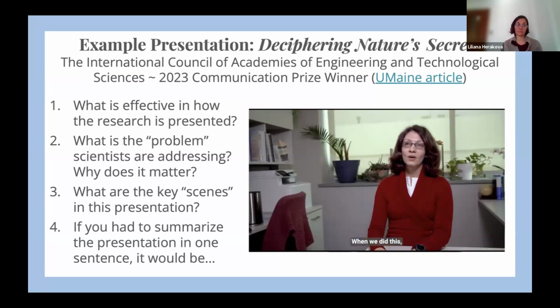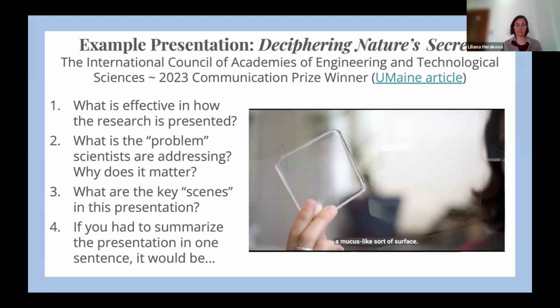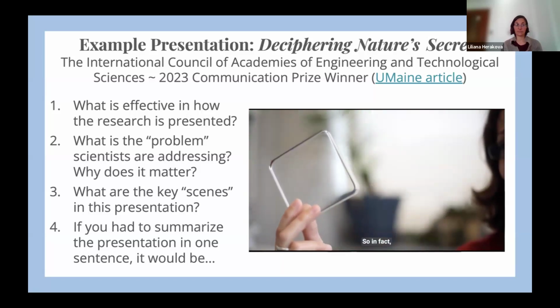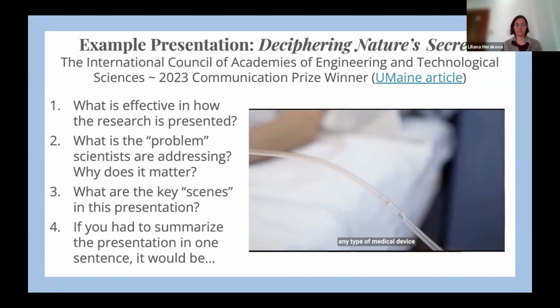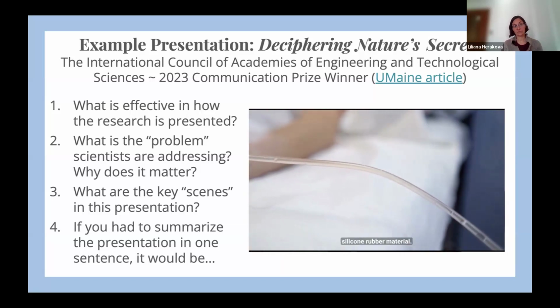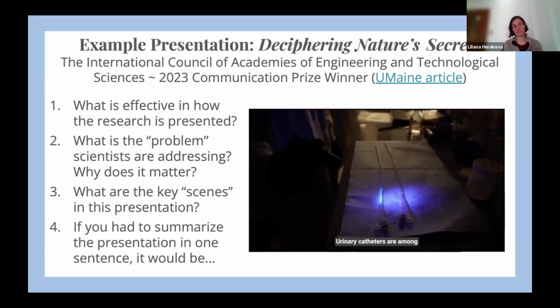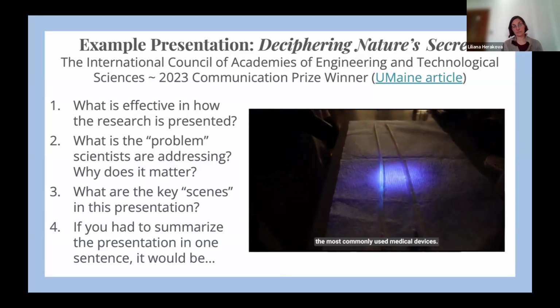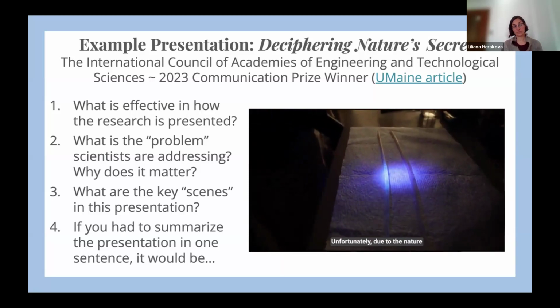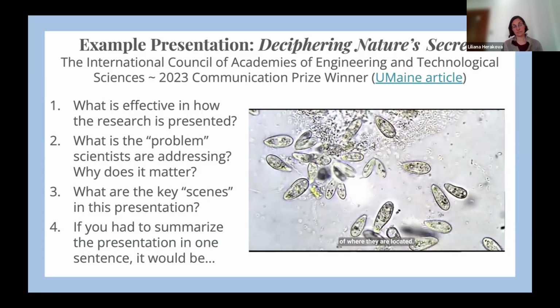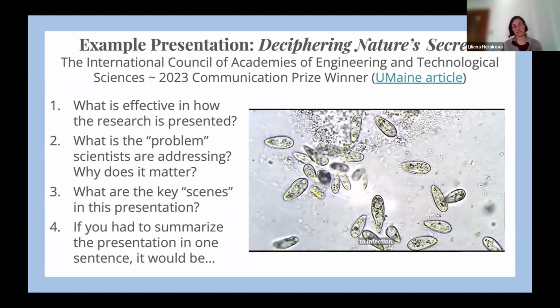When we did this, what we were doing was giving that material a mucus-like sort of surface. So in fact, we found that we could treat any type of medical device made out of this silicone rubber material. Urinary catheters are among the most commonly used medical devices. Unfortunately, due to the nature of where they are located, they're also one of the most prone to infection.